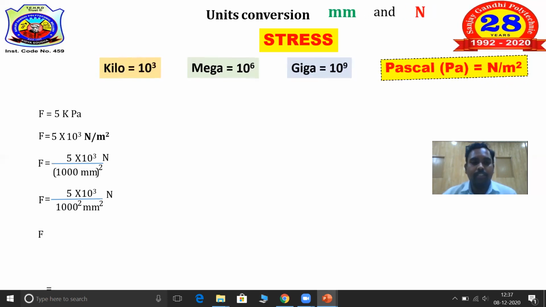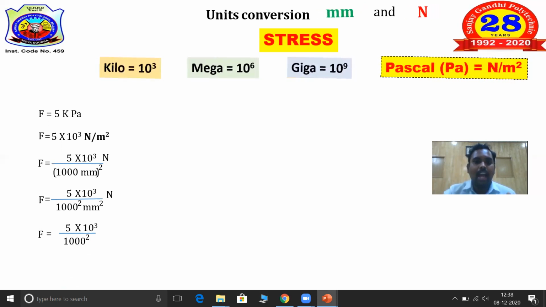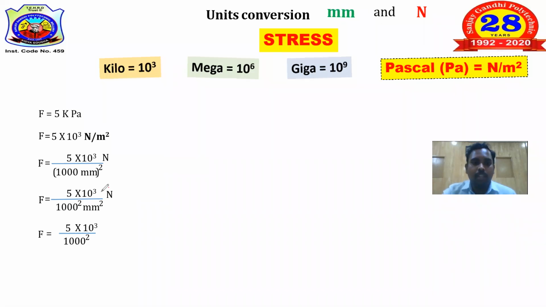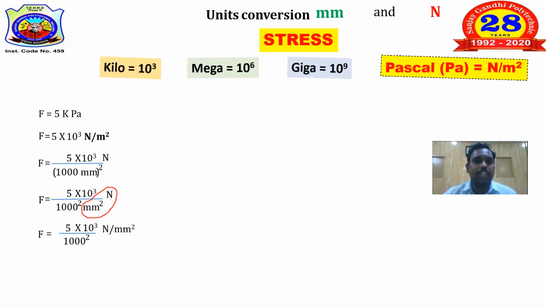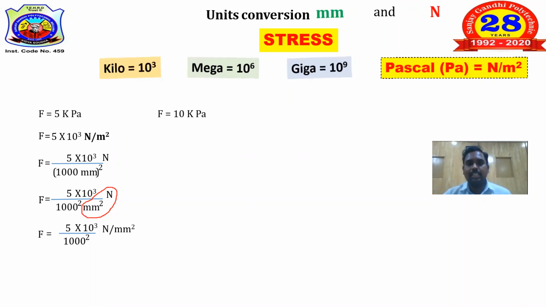So F is equal to 5 into 10 power 3 divided by 1000 square, and then I'll write Newton per mm square separately. It's very simple, and you can go ahead with the simplification with the help of your scientific calculator. I'll wind up here. I'll take another example.